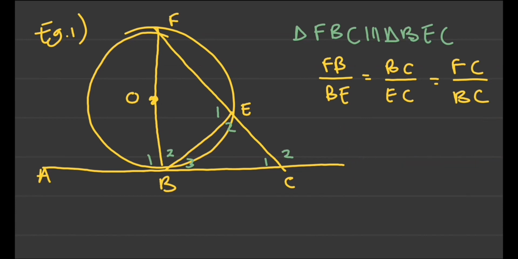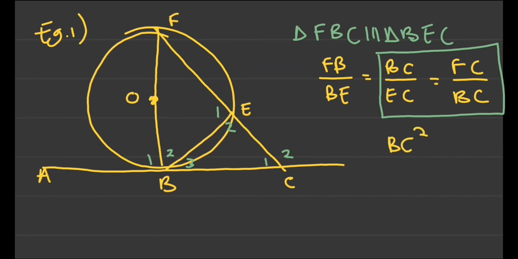Now for this one, I'm going to use these two. And I'm going to cross multiply again, like what I did for the previous one. So I cross multiply and I get BC times BC, which is BC squared. You see what I'm doing here? BC times BC, BC squared. And that is equal to FC times EC.